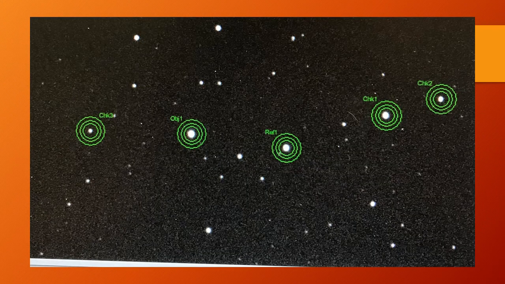So as for what each one does, the one that says object 1 right here, that is our target. That is the star which has the exoplanet. The reference star is usually a known star that can be used as a reference. It has a known magnitude that is stable. So we usually choose that.